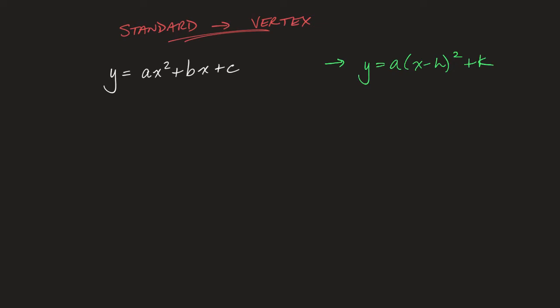Okay, for me to do that, the first thing I notice is I need to factor out that A. So I'm going to take that A and I'm going to factor it out of all terms that contain the variable. Now, you could factor it out from the C as well. I just wouldn't.